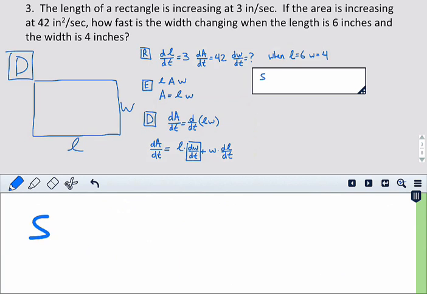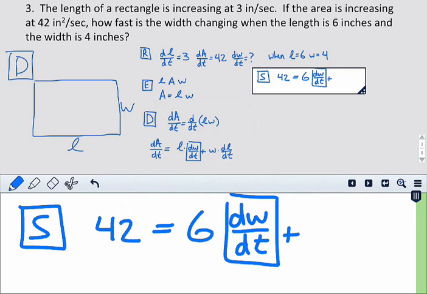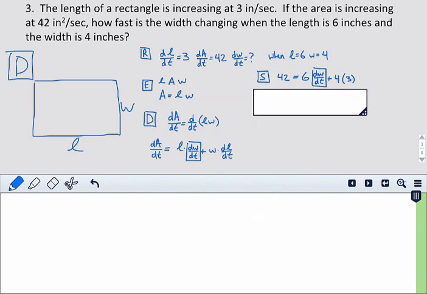So let's go ahead and substitute. So dA over dt is 42, and the length will be 6. We don't know dW over dt, that's what we're looking for. And our width is going to be 4, and dL over dt is 3. Now let's go ahead and solve.